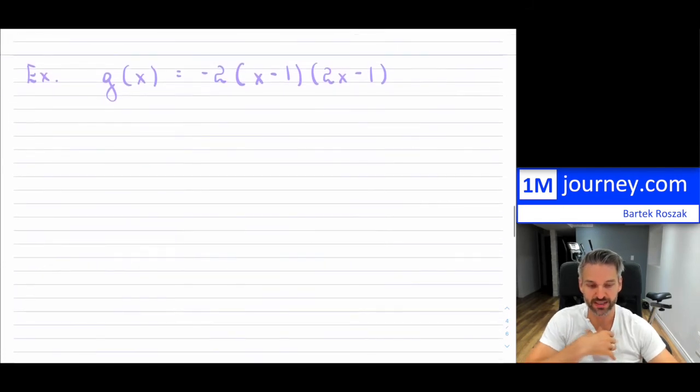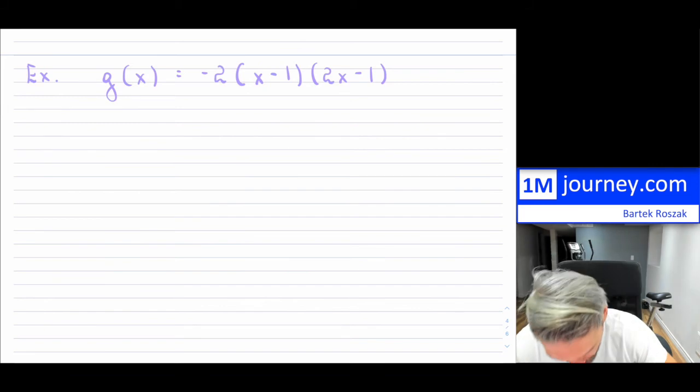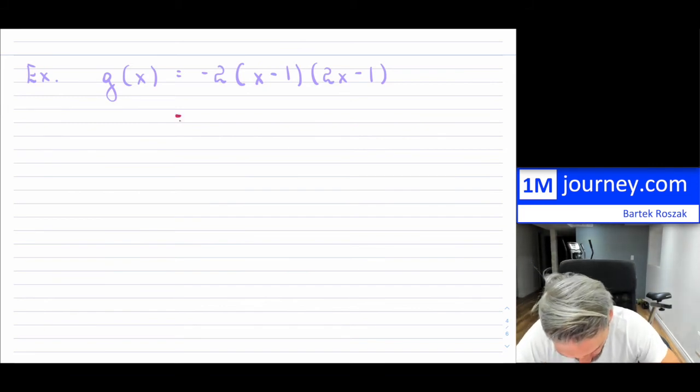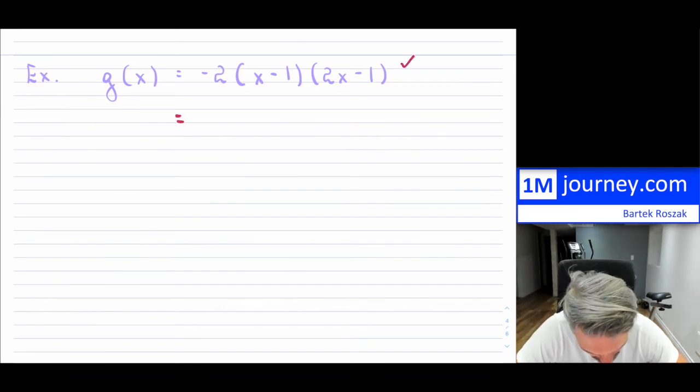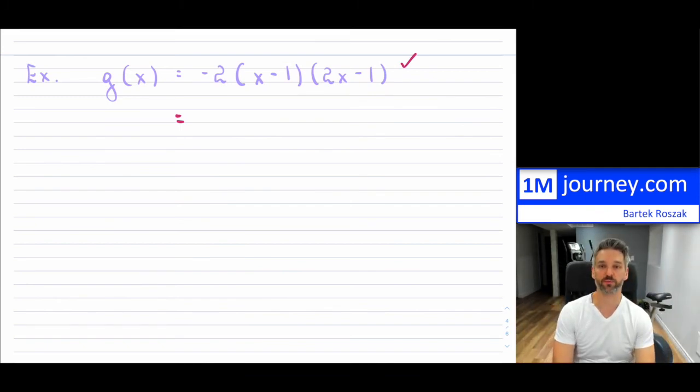So for this example, what we would have to do is the following. I would have to first expand this entire thing out and try to obtain its vertex form. So I'm going to do that, step by step. I'll put it in fast forward fashion, and you can look at it and slow down if you like.